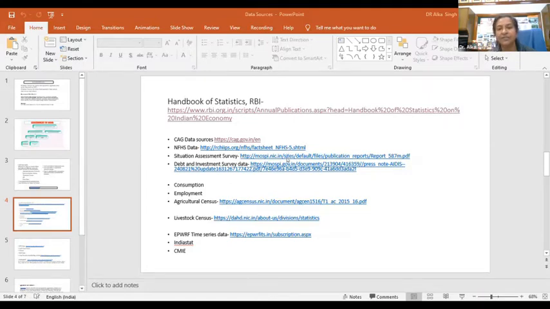Then another, I have just listed here, situation assessment, as I just said, which Dr. Niteshri will be basically demonstrating to you, how to open that large size data with the help of Stata, and how you can work on that, how you can merge files, how you can see the variable of your interest. Here, again, you can work on maybe state-wise or all India data, or maybe sector-wise or section-wise.